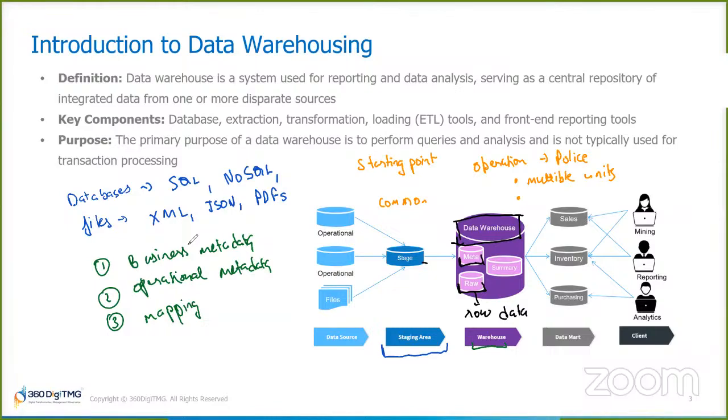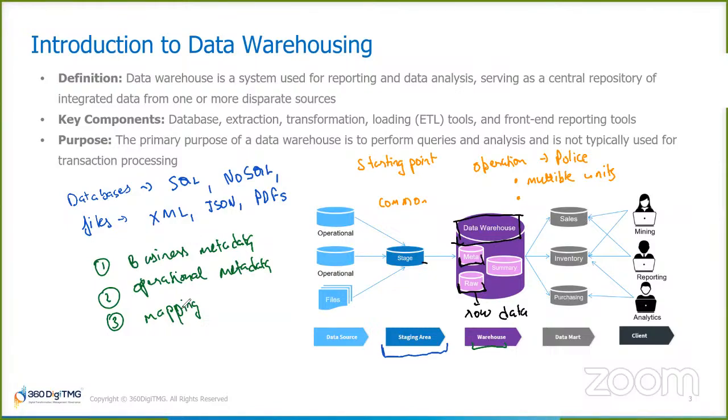What are we doing for data cleaning? What are the different transformation rules that we are going to apply to it? What is data refresh and purge? How do we purge our data? And what are the ways in which we can refresh our data?